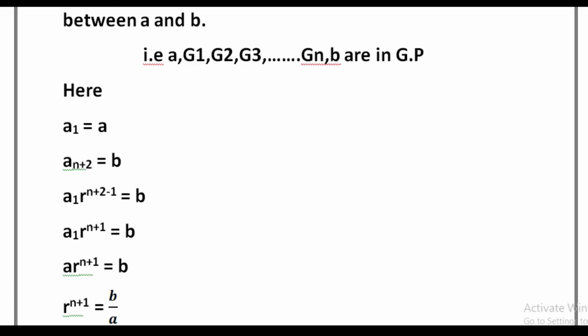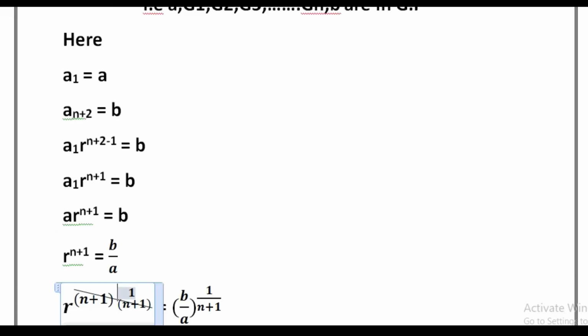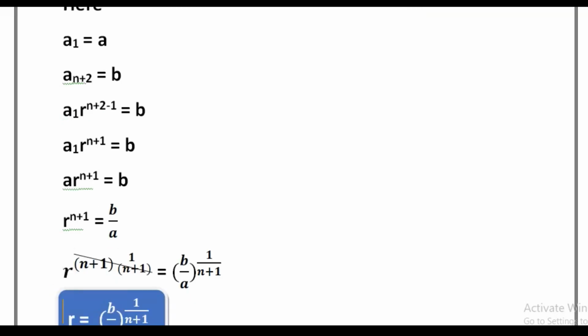So R power n plus 1 is equal to B divided by A. Raising to the power 1 divided by n plus 1 on both sides, the n plus 1 cancels. So R is equal to B divided by A whole power 1 divided by n plus 1.